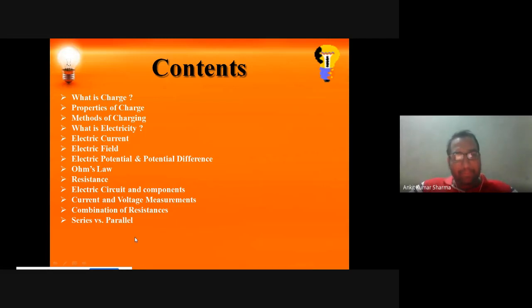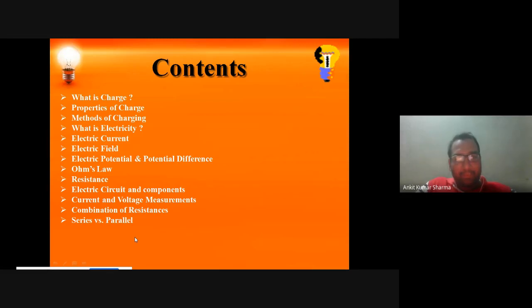Then we will discuss the method of charging, and then we will shift to the definition of electricity. Then we will discuss electric current and electric field. Then the definition of electric potential and potential difference is given in this slide.